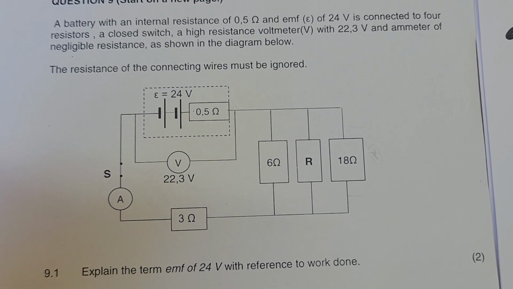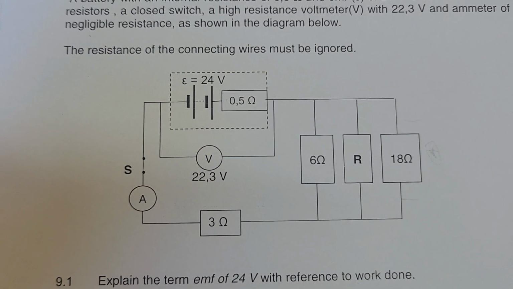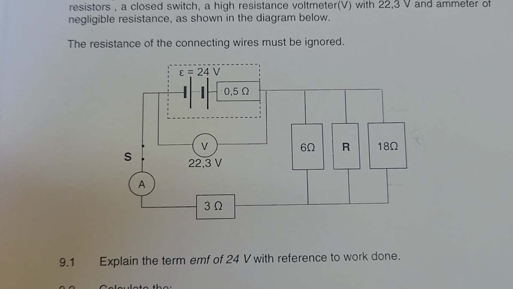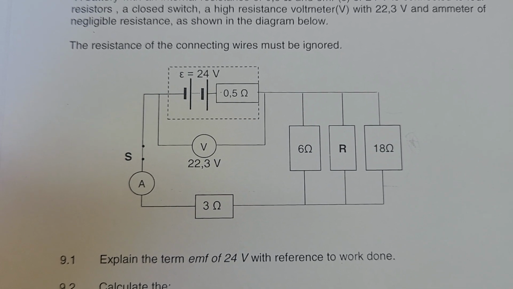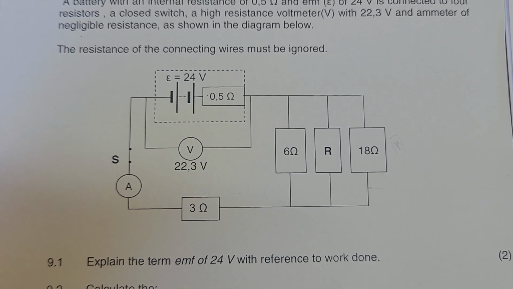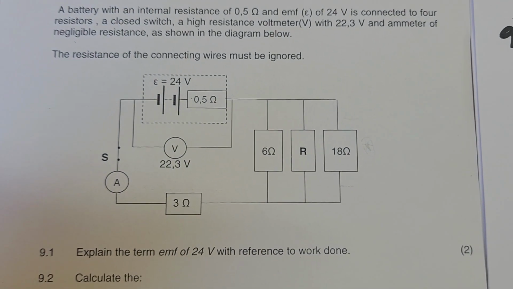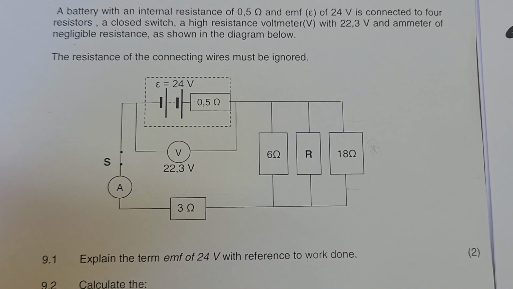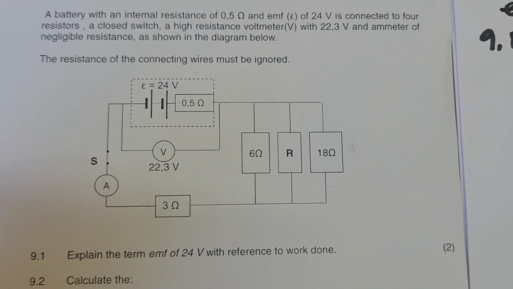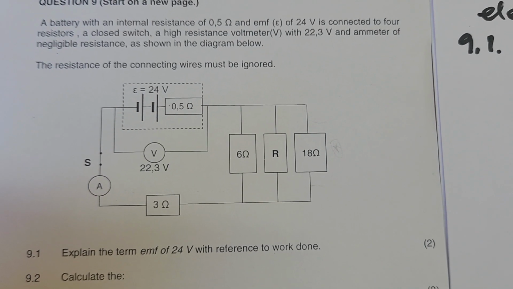Good. And then now we are given this type of circuit. I hope you can see. As per the statement, the first question says to us, explain the term EMF of 24 volts with reference to work done. Normally, the EMF, by definition, is the maximum energy supplied by the battery per coulomb charge or per unit charge.